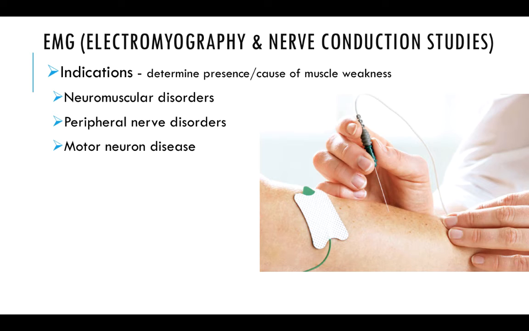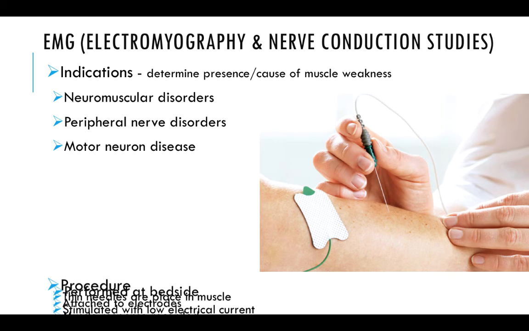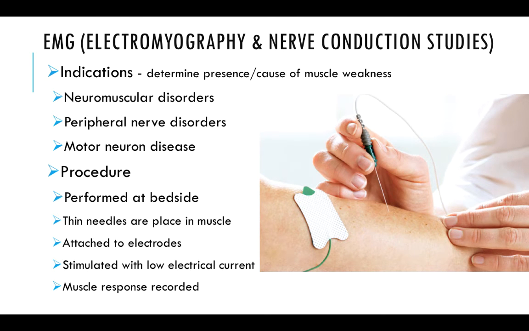The myelin sheath is being destroyed. So on the motor neurons, there's a decreased contractility because of decreased electrical nerve impulse. Now, the procedure is usually done at the bedside or in an outpatient setting. I've already discussed that they put these thin needles in and they're recording the muscular response.